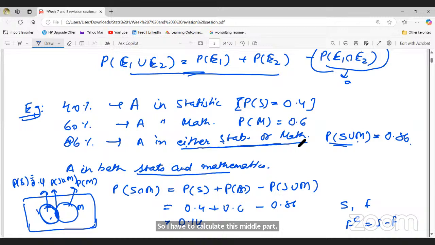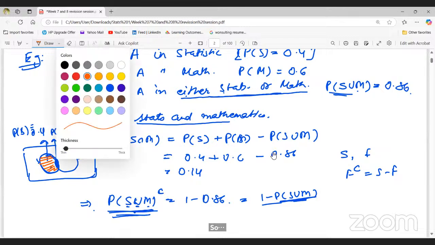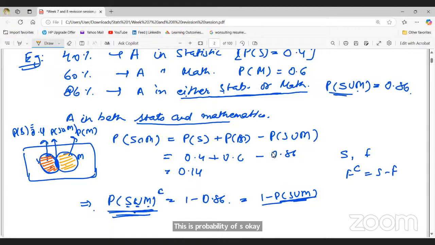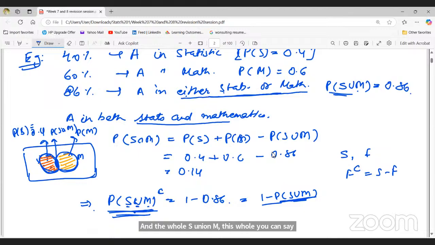It would be the probability of S plus the probability of M minus the probability of the union. The whole region is the probability of S union M. If I sum these two and subtract the whole part, I get only the intersection.